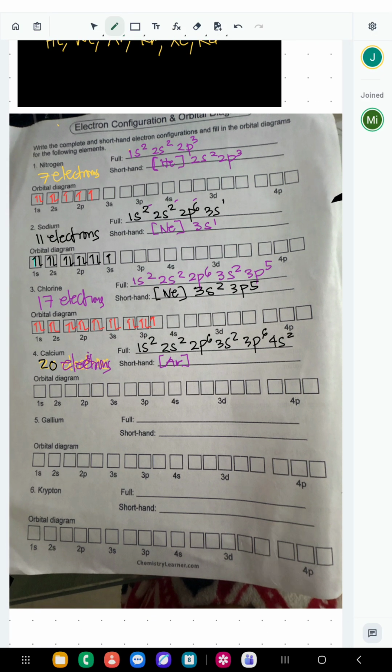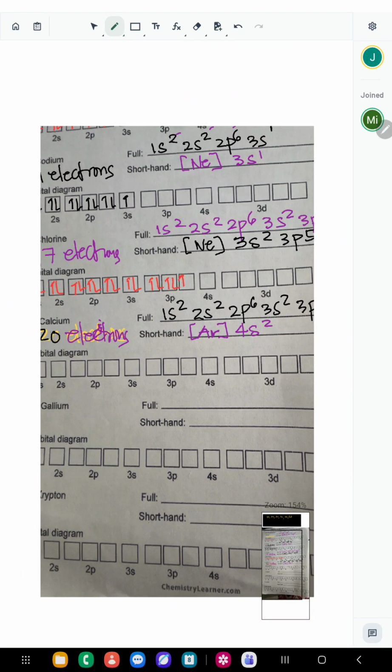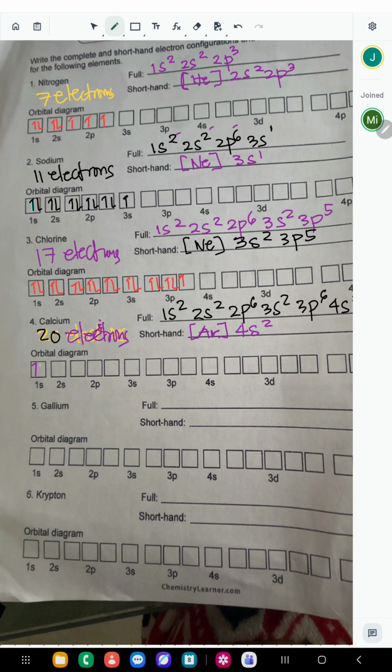Okay, so we will not include the 18 electrons. We only write here the last one, 4s2. So argon, 4s2.